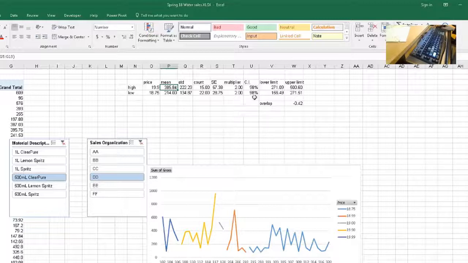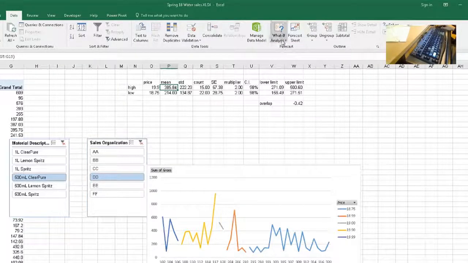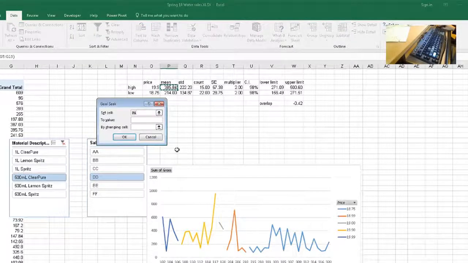Now, you can use goal seek, and I talked about that also. You could say what-if analysis and goal seek, and I could say I want to set this cell to, I'll say the lower limit, I want to be real clear that they're separate. I want to set it to 290 by changing my sample size.